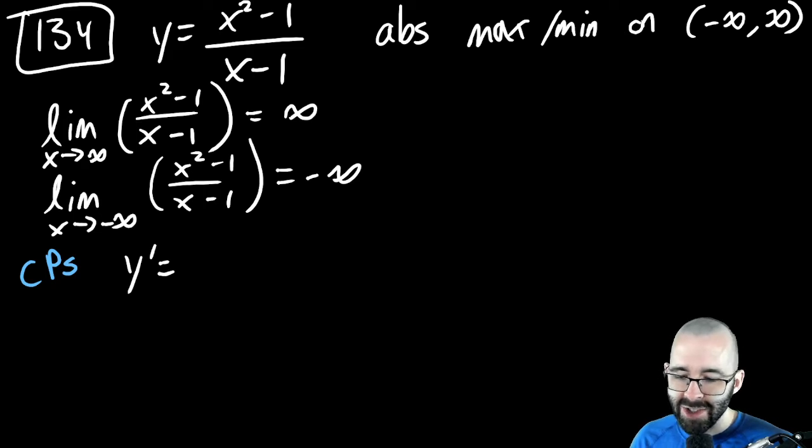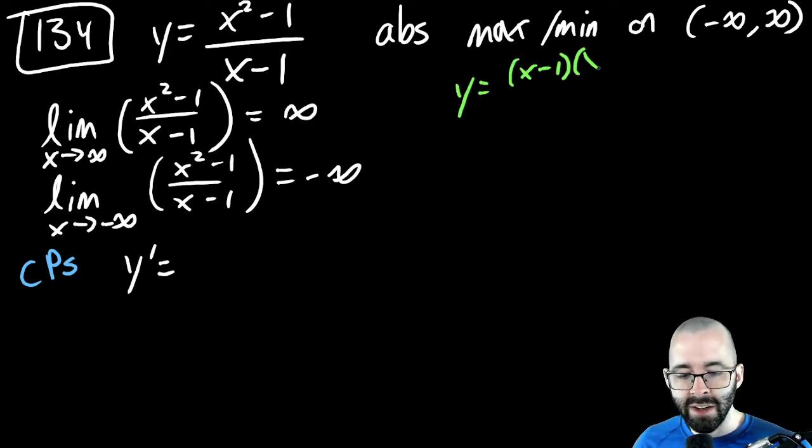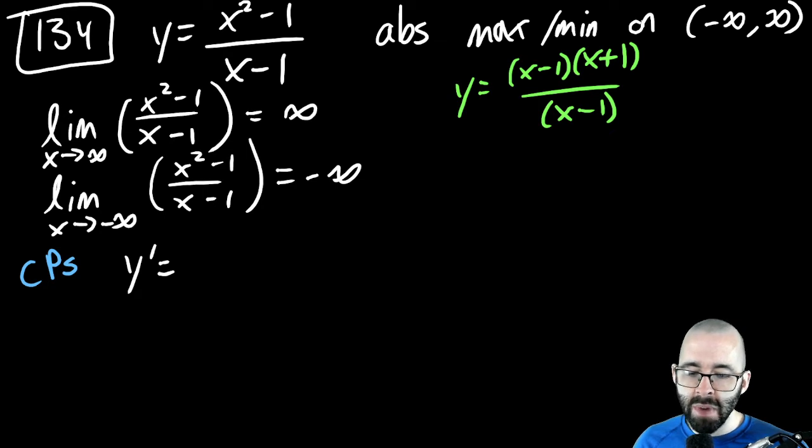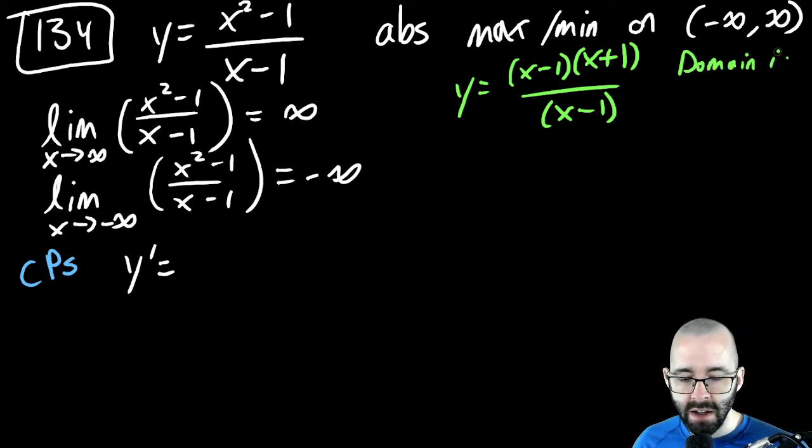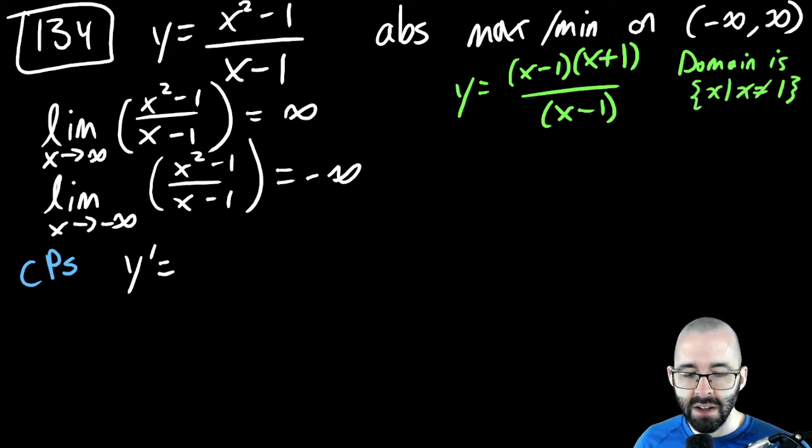And again, this is kind of a tricky situation because this is y equals (x minus 1)(x plus 1) over x minus 1. And as long as we keep our domain in mind, where the domain is the set of all x such that x is not equal to 1, we actually can simplify here.